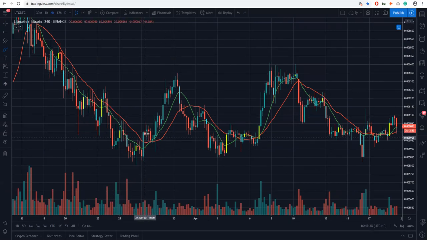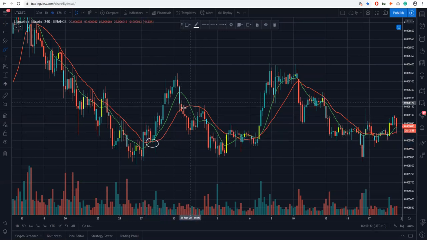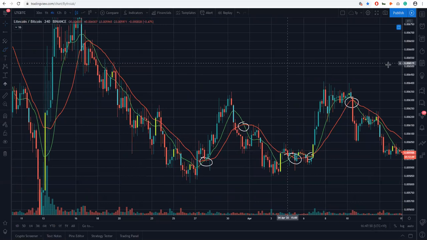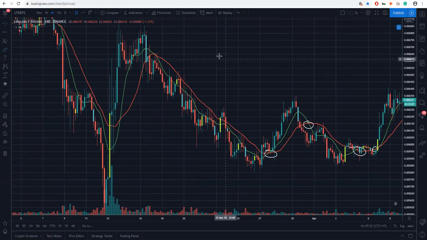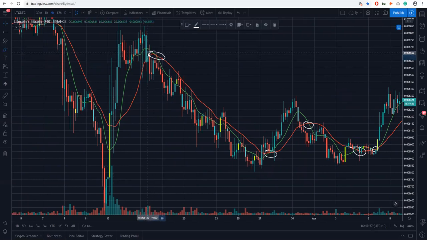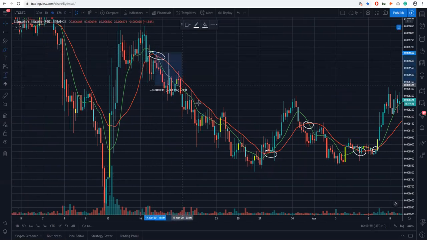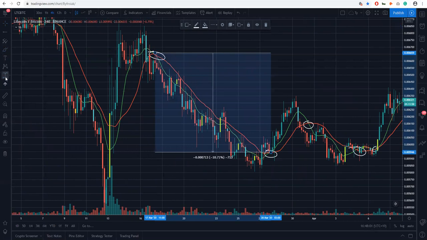So the strategy with a 10 and a 20 SMA is simply to buy a cross, sell a cross, buy a cross, or buy a cross here, sell a cross. You can see that that's a pretty decent strategy here, having just sold and bought crosses. Now, that definitely is a good strategy, but again, you might be leaving a little bit on the table.